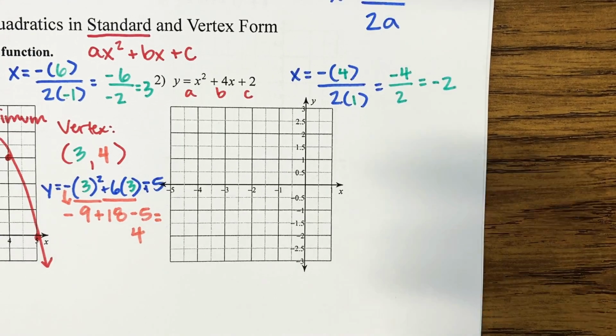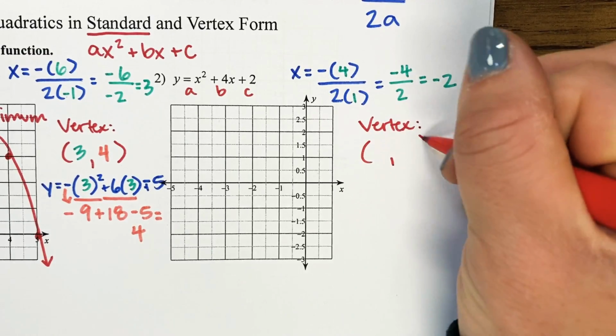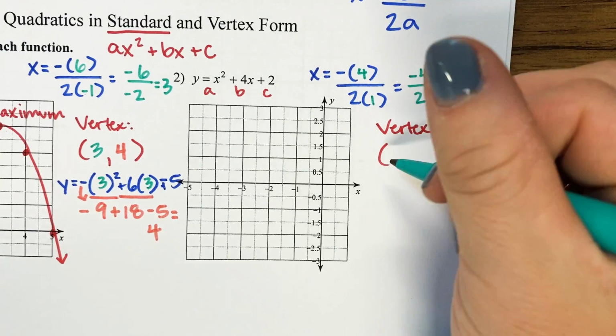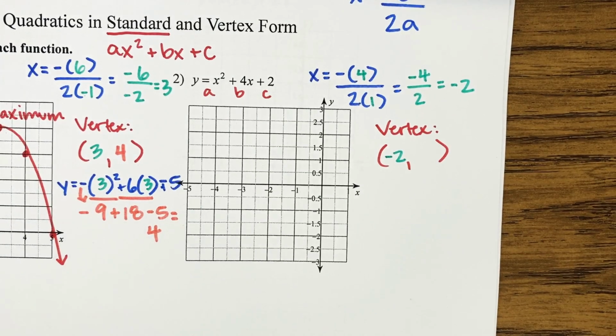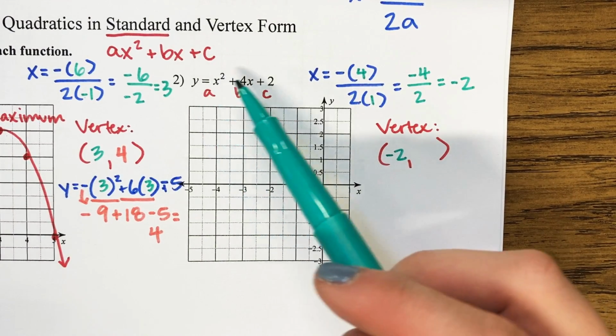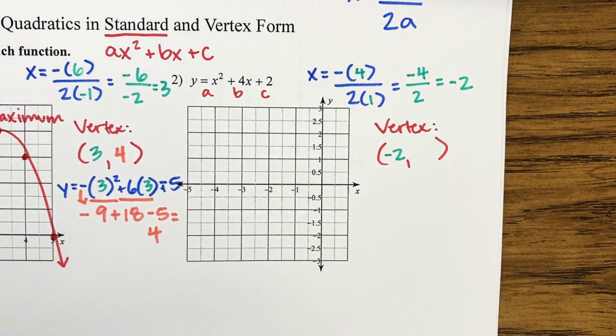So I found the x part of my vertex to be negative 2. Now we can use this to find the y part of our vertex. We're going to take this negative 2 and plug it into our quadratic equation in order to find y.